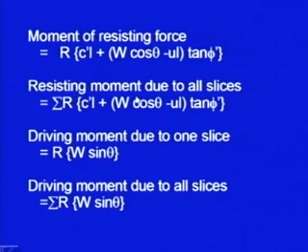So, resisting moment due to all slices will be summation of r. We will sum up all these moments. So, it will be equal to summation of r into c dash L plus W cos theta minus U, L into tan phi dash. So, you can find out the individual moments and then their sum.